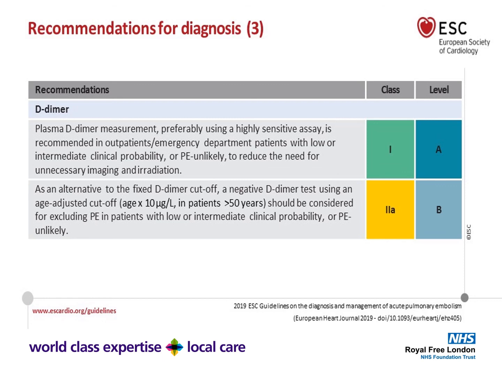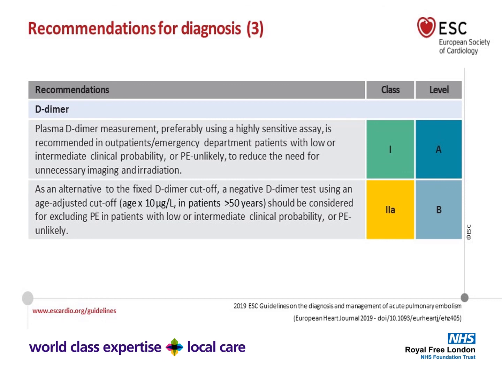So they often get done, are often positive, and then force the dilemma of do we image or not, and do we anticoagulate or not. So you should always be thinking, when you're ordering a D-dimer, that this should be for patients with a low or intermediate clinical probability, or that PE is unlikely.